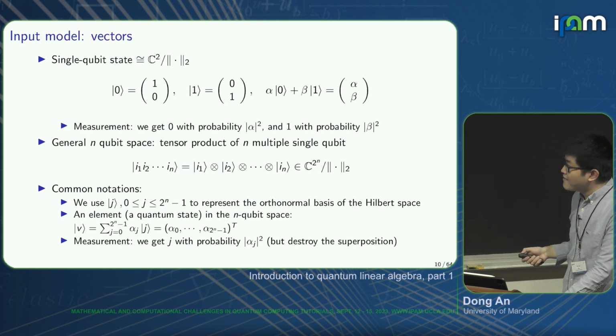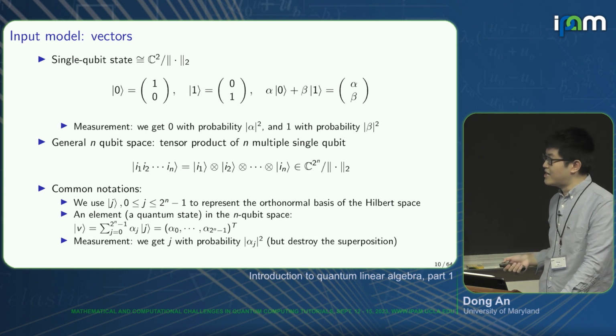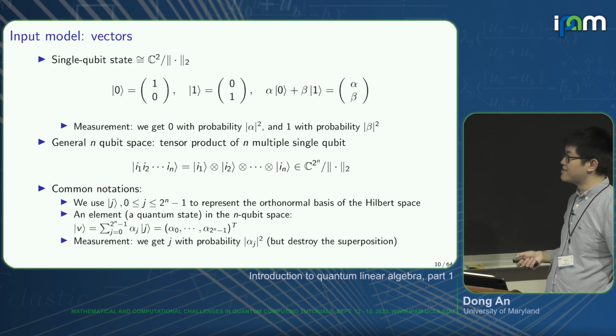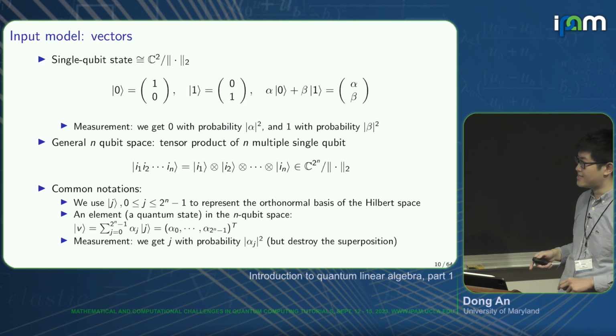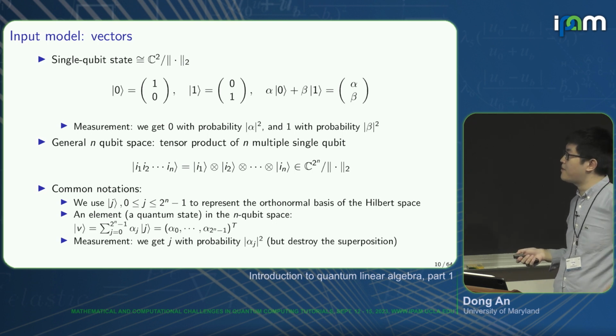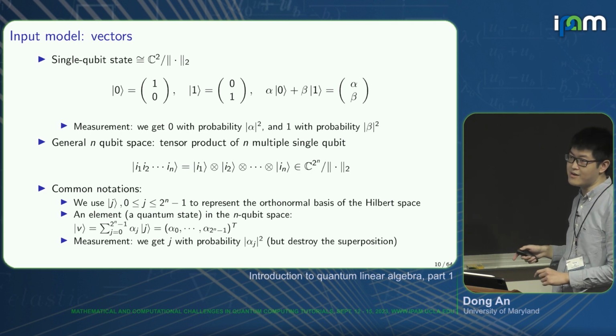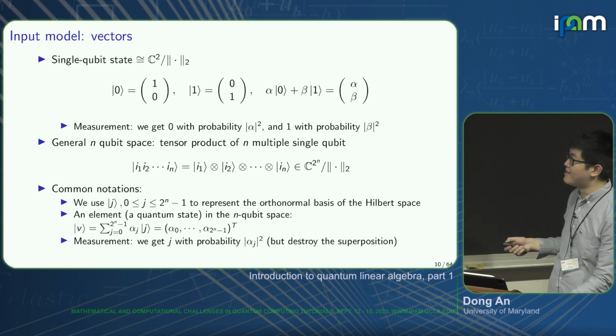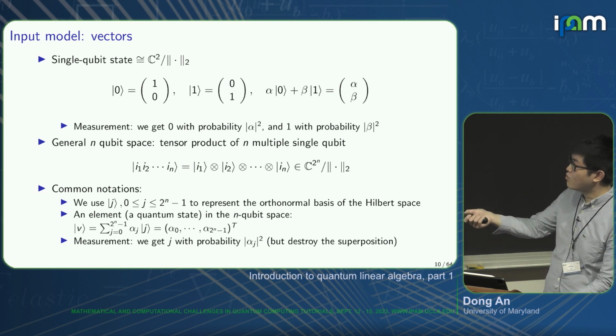If we go beyond the single qubit state, we want a general n qubit state. If we look at the basis, we can represent it as the tensor product of n single qubit states, that is, i_1, i_2, all the way to i_n. Each i_j is either 0 or 1, which means they are either the (1, 0) or the (0, 1) vector.